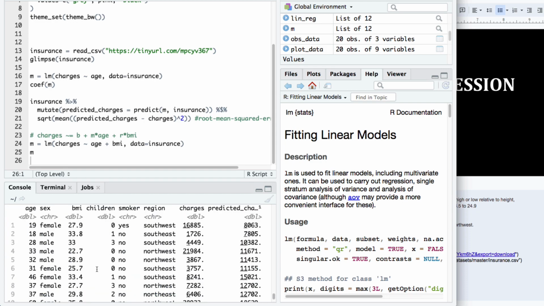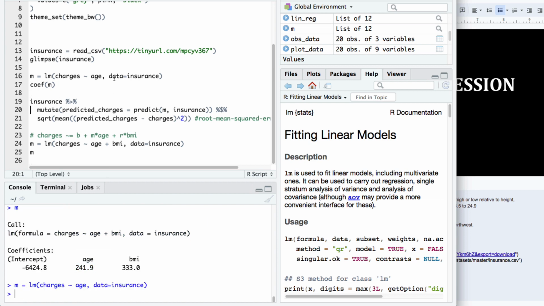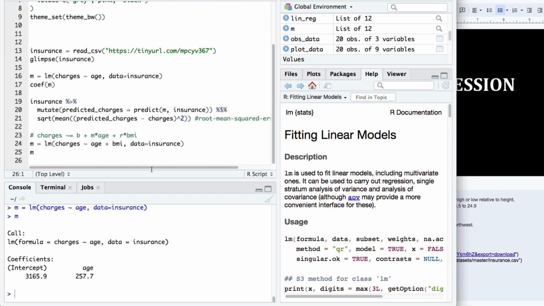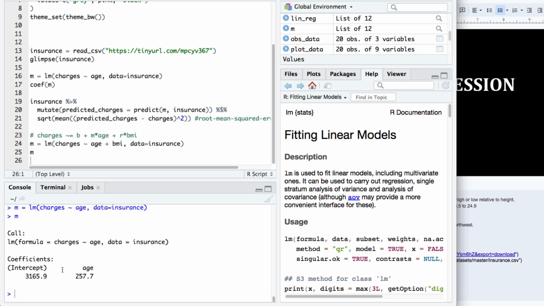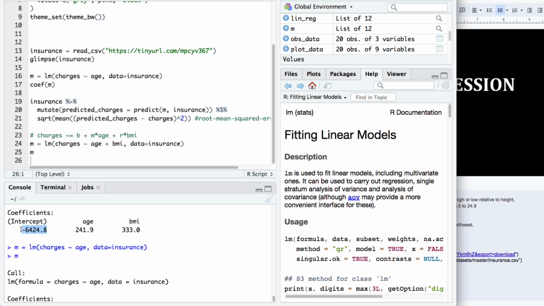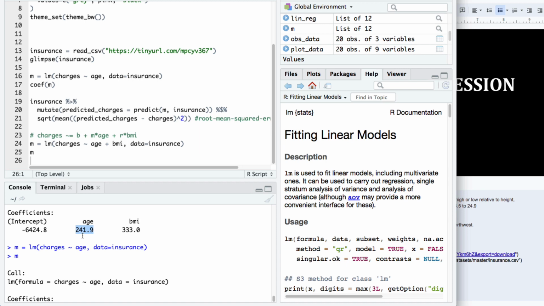So when I just had, well, let me just rerun that like this. Okay, so if I just include age, the coefficient I get is 257. And the intercept is like 3,000, right? But if I add BMI, my intercept becomes negative 6,000, and my age coefficient goes down to 249. And now this thing goes up to 333.